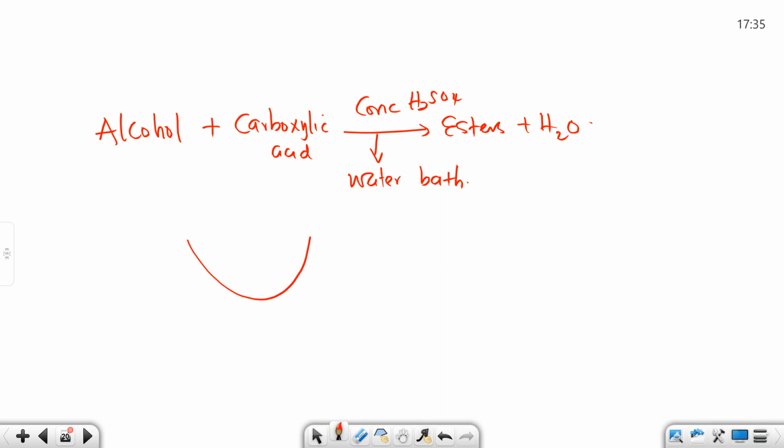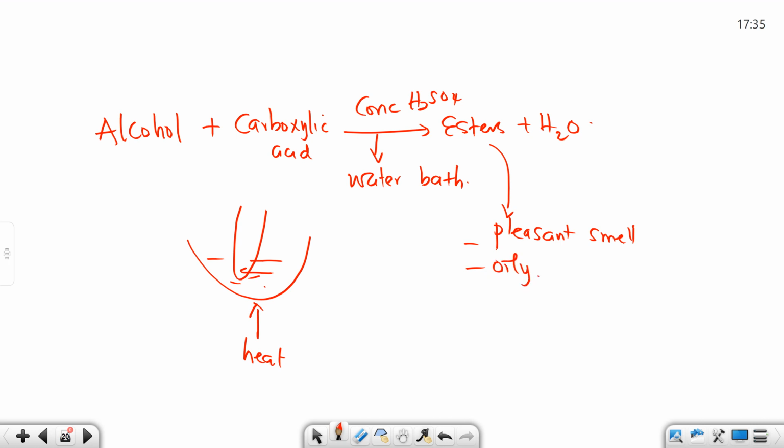We have a bowl and there's water and then we heat. Your test tube must be inside. How do you know an ester is formed? Pleasant smell. Esters have what? A pleasant what? Smell. And most of them are oily.